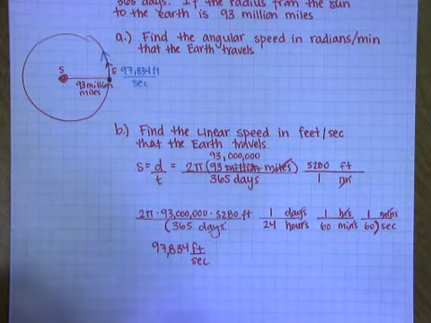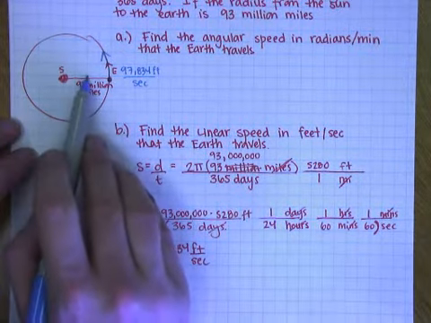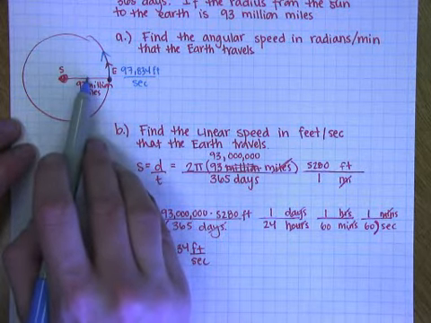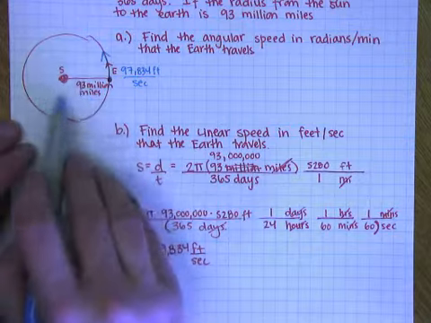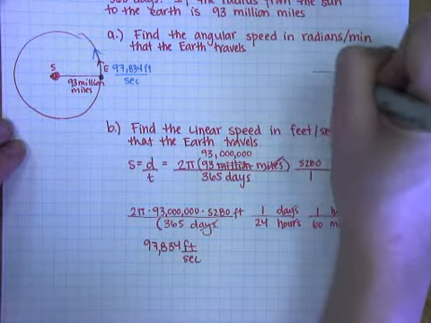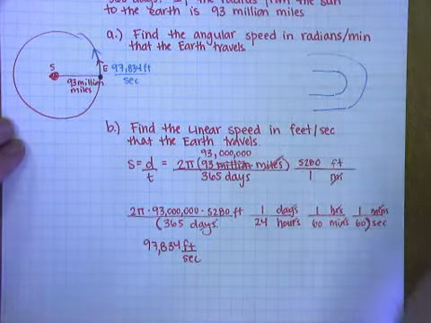You guys know though from experience that if you were closer in, if you weren't 93 million miles out but were somewhere closer in here, you wouldn't have to go as fast to stay in pace with the Earth as you go around the circle. This is kind of like when you're running in track and field, or if you've ever run around the track like in gym class. Right, here's my silly track.